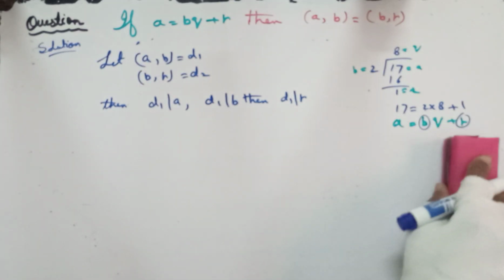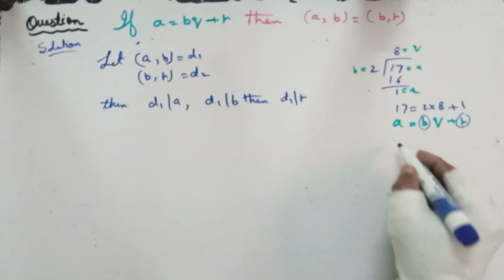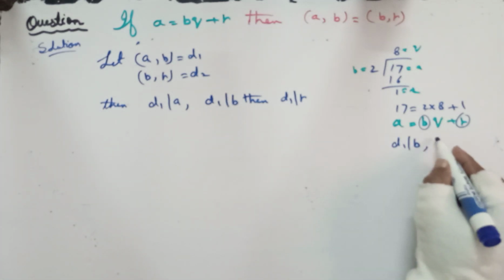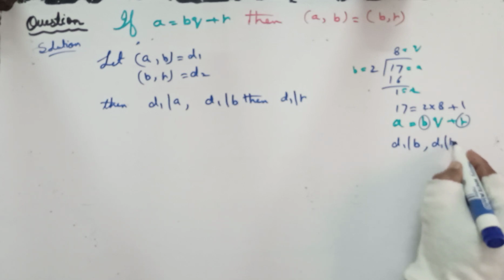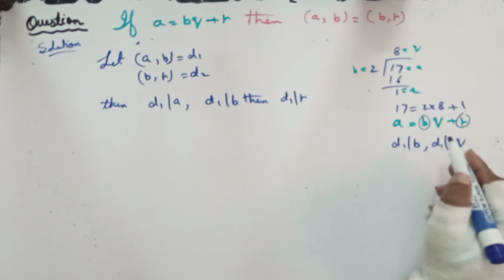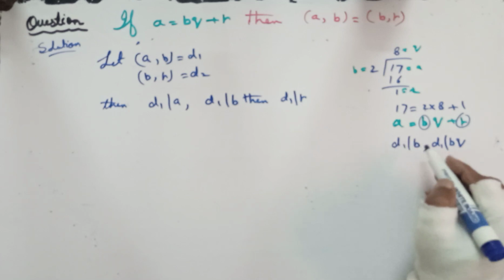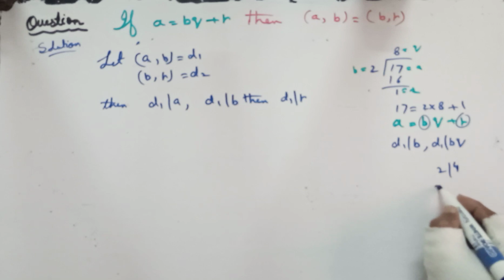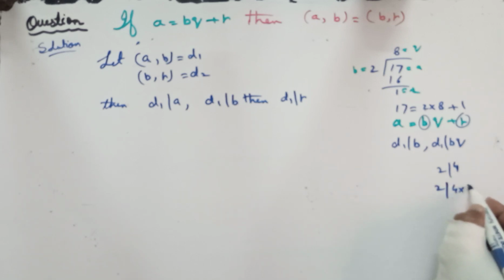As you see here, if D1 divides B, then D1 divides BQ. If some number divides any number, then it must divide it when I multiply it with any integer.